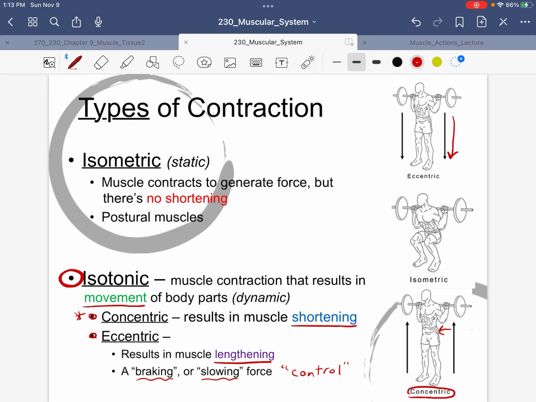If your car is going downhill fast, you want to have the brakes on to control it. If your quads didn't contract a little when you lowered yourself to the toilet seat, you would just fall down. That's an instance, though, after a hard leg day where it's harder because your quads are already sore and tight.